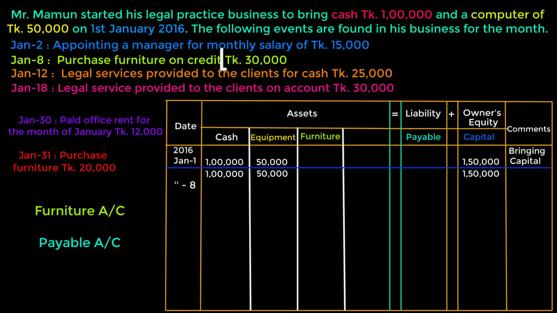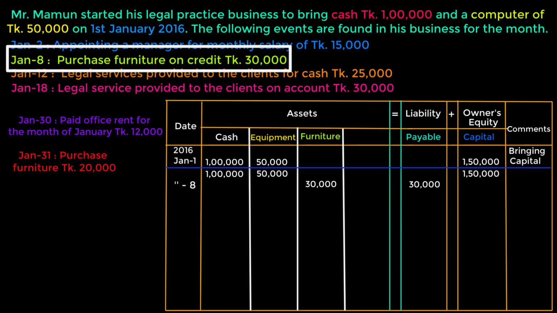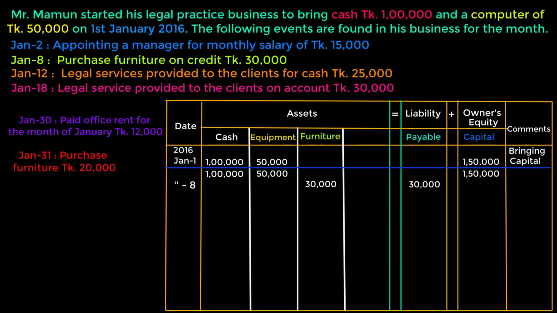That means these 30,000 taka will be plus here in this left hand side. Therefore, automatically this 30,000 taka will be plus here in this right hand side. This transaction does not have any relation to owner's equity. So, we will not write any comment here in this comment column. Now, we will draw a line like this again and write the balance like this.